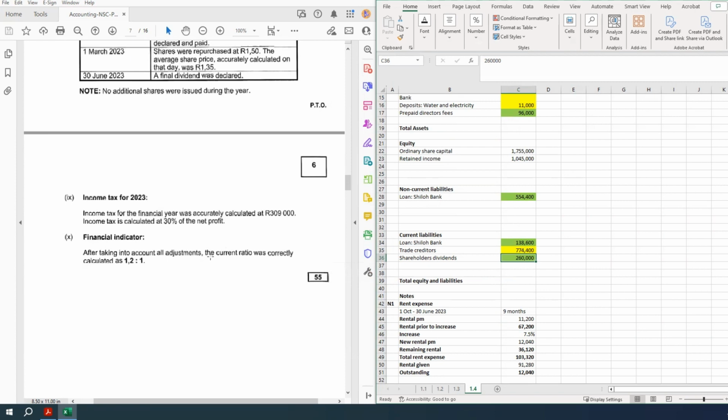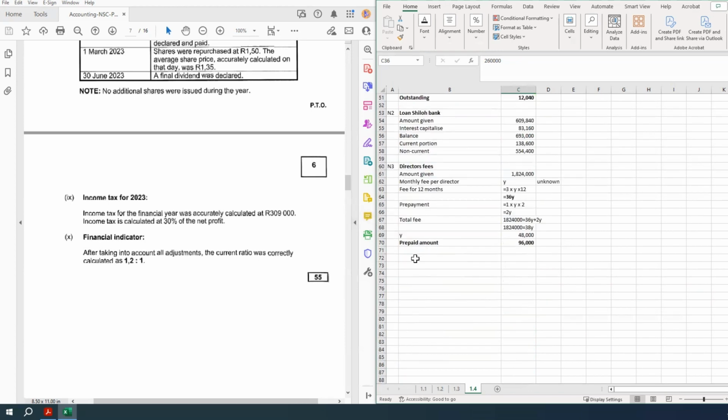Income tax for the financial year was accurately calculated at 309,000. Income tax is calculated at 30% of the net profit. Okay, so we know what the income tax is. And remember, they've given us the provisional tax payments. They're effectively asking us to calculate the tax still owing or receivable as at year end.